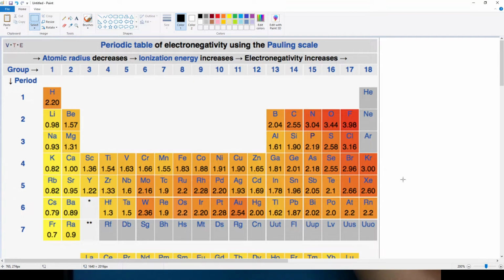Magnesium sulfide. Is that ionic? So if we use the values on the board you see here, 3.1 and 2.58.